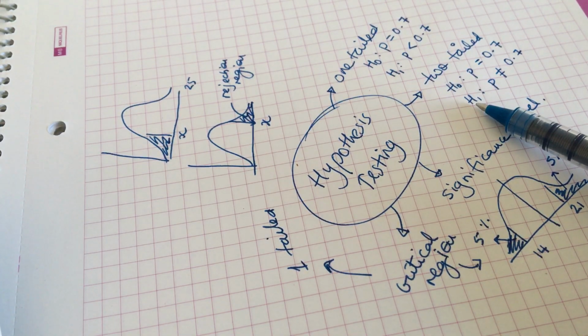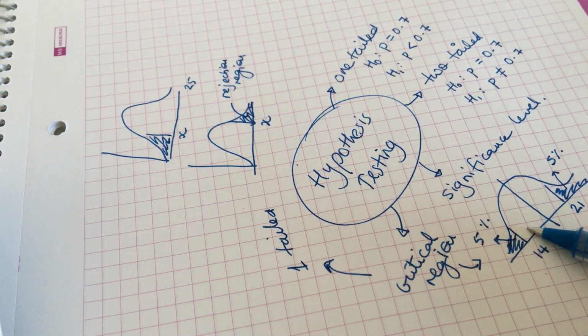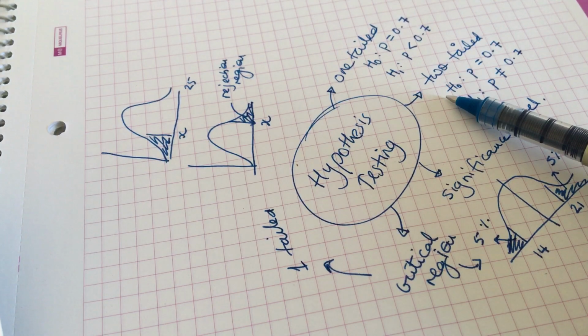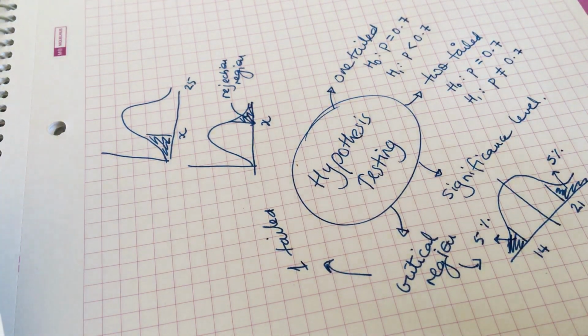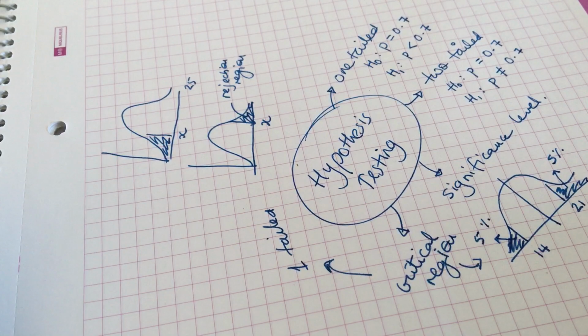So we would have to say there is insufficient evidence to reject the null. This means the inspector who thinks the claim was inaccurate is not right. There isn't enough evidence for us to accept his claim. That means 70% of candidates must indeed pass the first time, looking at the sample that we're looking at.